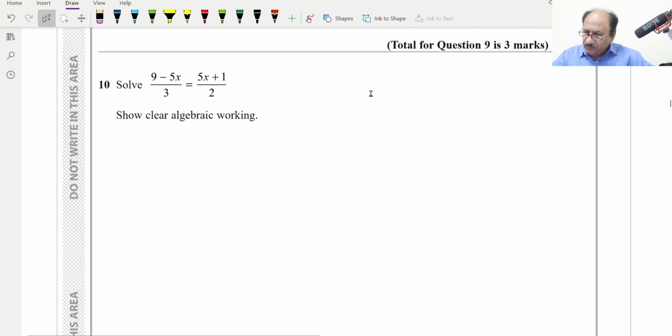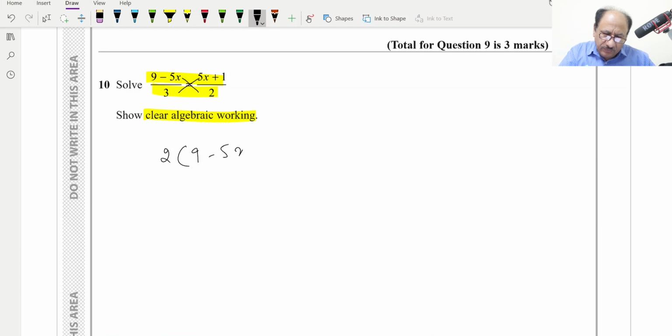Question number 10, which is algebraic fractions, algebraic equation also, and this is show clear algebraic working. We have to show our clear working also, and we can cross multiply, and when we cross multiply, this will be 2 into 9 minus 5x is equal to 3 into 5x plus 1.